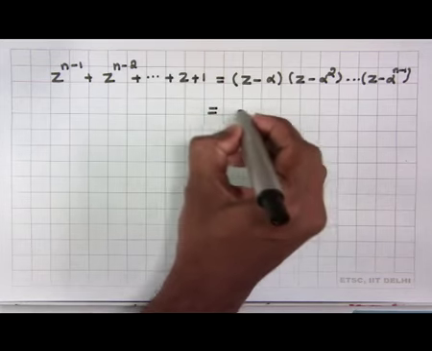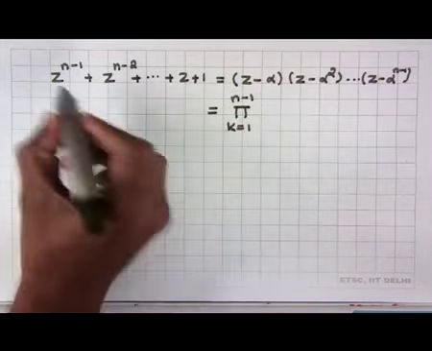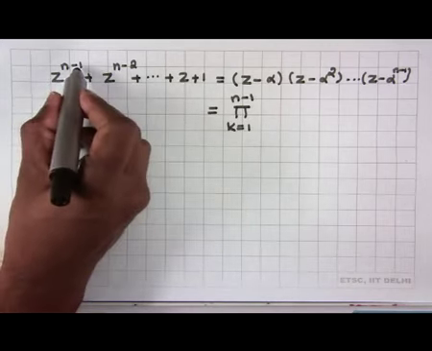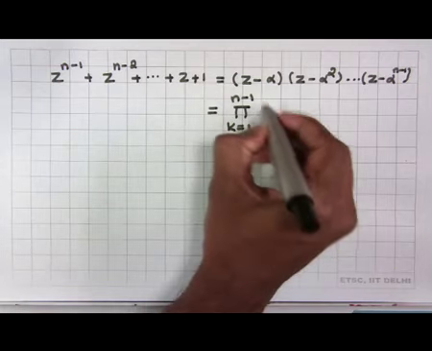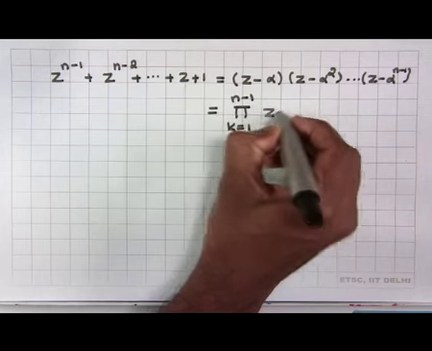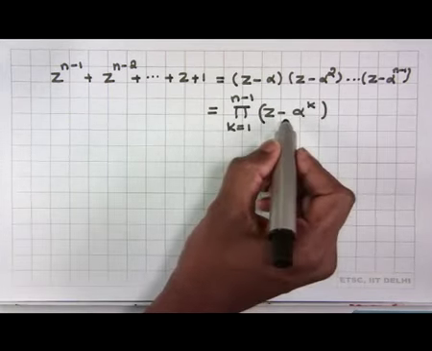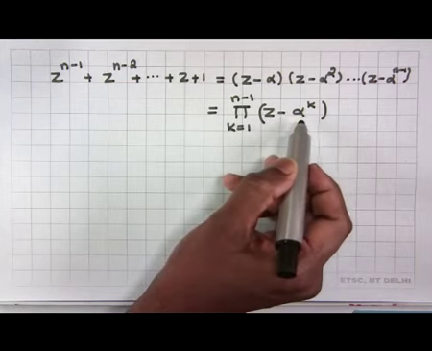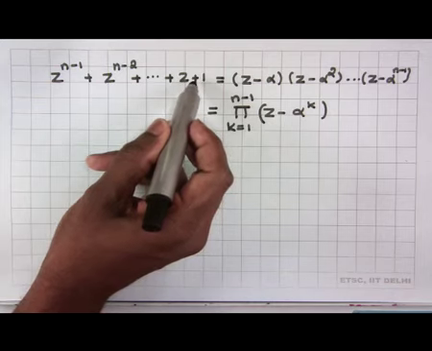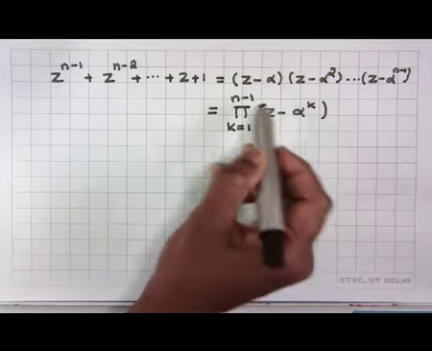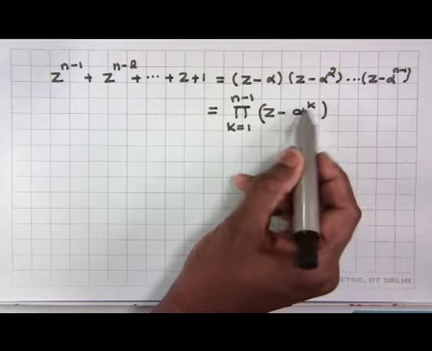So, if I write in a short notation, what we see is that the polynomial z power n minus 1 plus z power n minus 2 till this plus z plus 1 can be factorized using the nth roots of unity, alpha power k, and the equality is easily argued because an n minus 1 degree polynomial can have at most n minus 1 roots, and what we observed is n minus 1 roots we already have, that is the distinct nth roots of unity are roots for this polynomial.